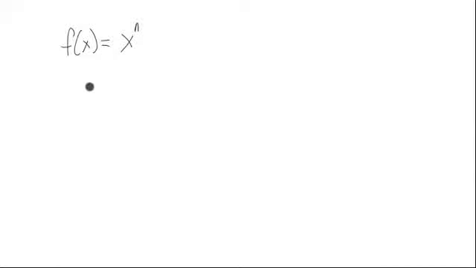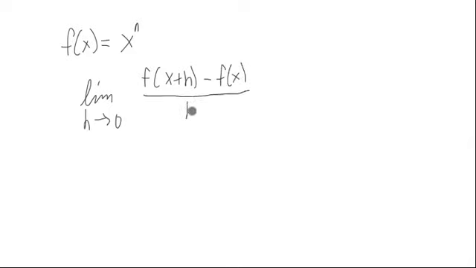When we do this, we're just going to tackle this the normal way, where we take a limit as h, for run, goes to 0 of the function when we plug in x plus h, so just past, so we take the run forward from x, minus f of x, all over the run h.